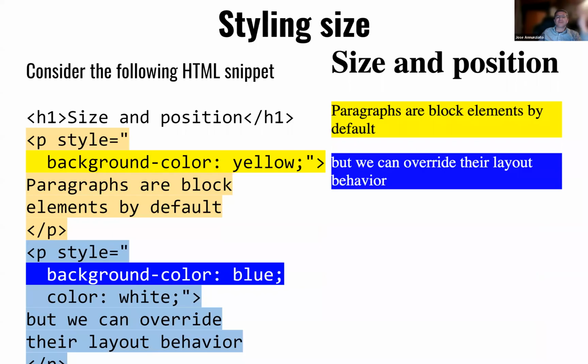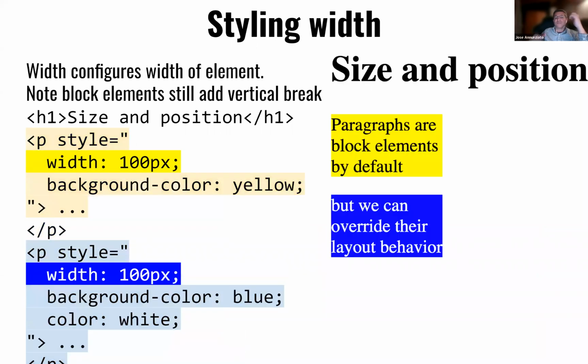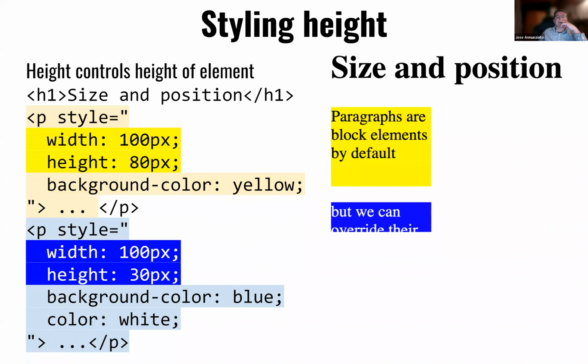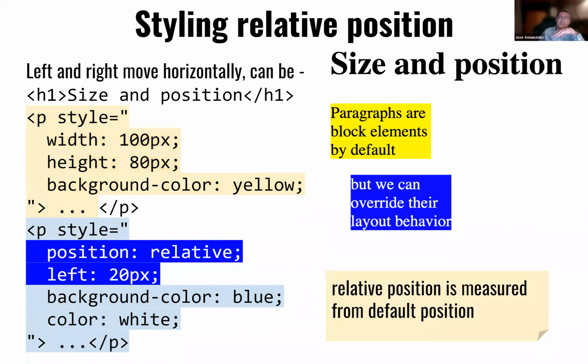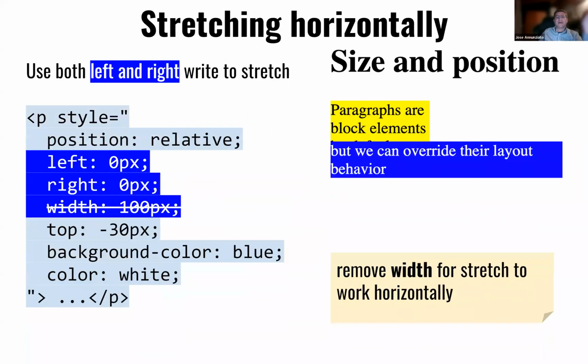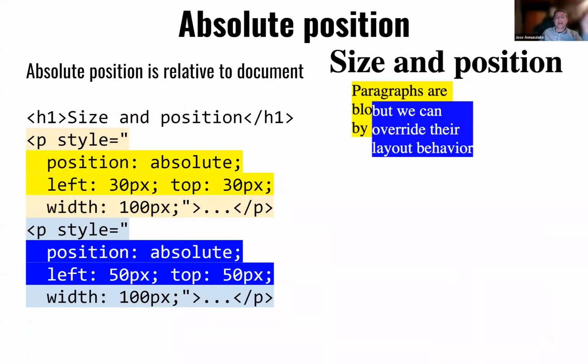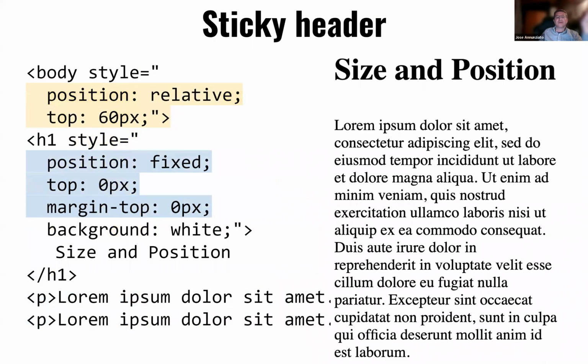Okay? Size and position. We talked about width, height. We talked about relative position, absolute position. We talked about fixed. With fixed, there's a pretty cool thing that you could do: you could put a header at the top, which is very common on tablets and phones, so that when you're scrolling content, the top header stays put. It doesn't scroll with the content.